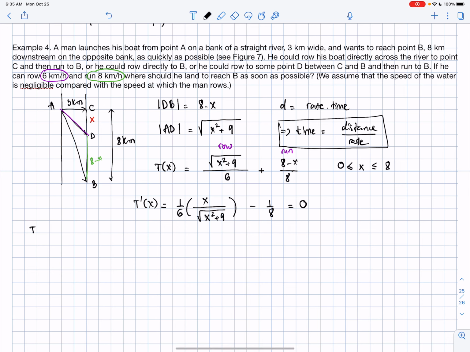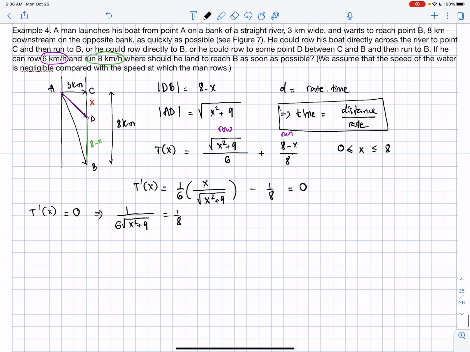To find the intervals where t prime is increasing or decreasing, and the critical point, we set t prime equal to 0. That means 1 over 6 times x over the square root of x squared plus 9, minus 1 over 8, equals 0. We add 1 over 8 to both sides.